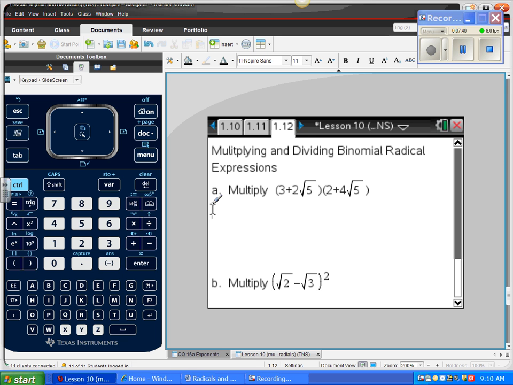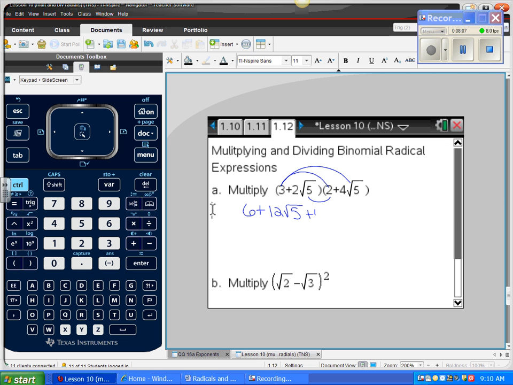Okay? So FOIL, first terms, are going to be 3 times 2, which gives us 6. Outer, 3 times 4 radical 5. Inner.